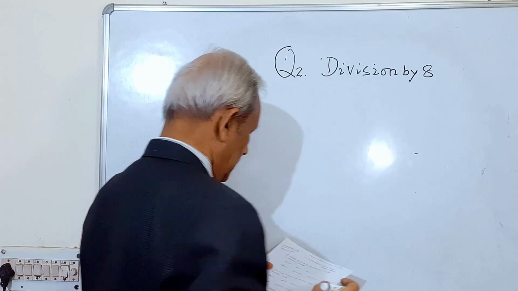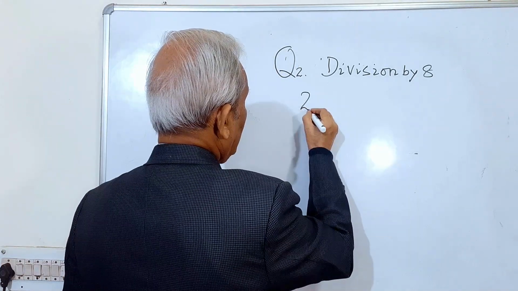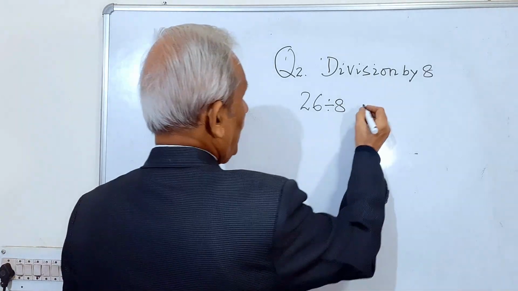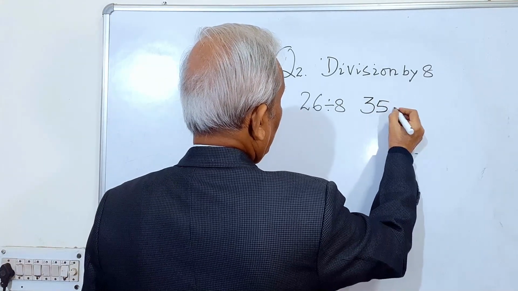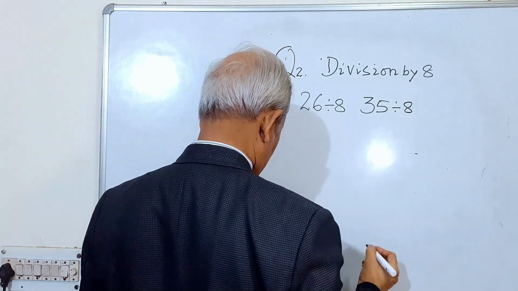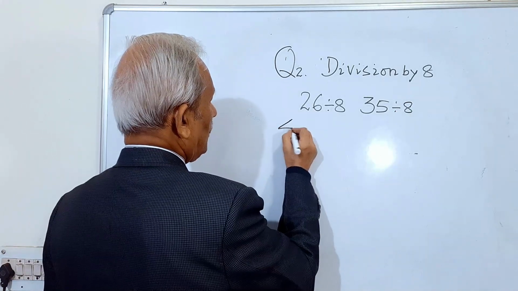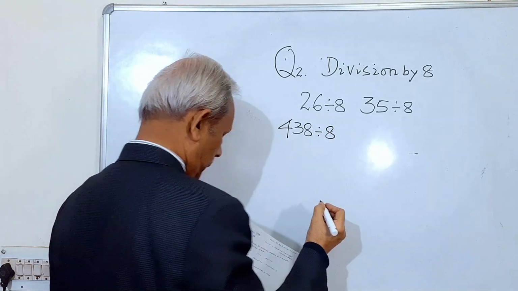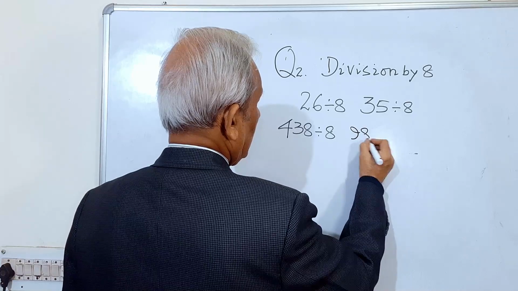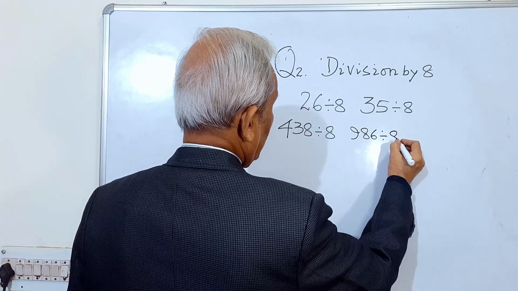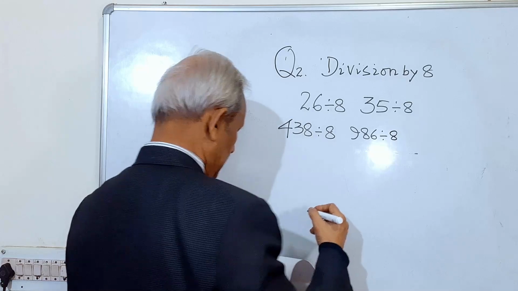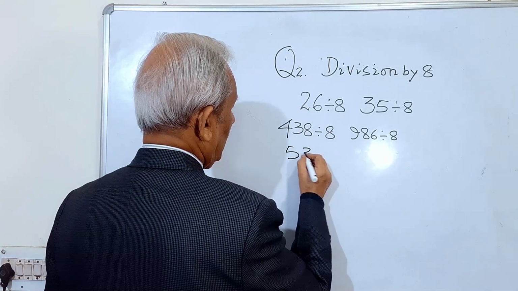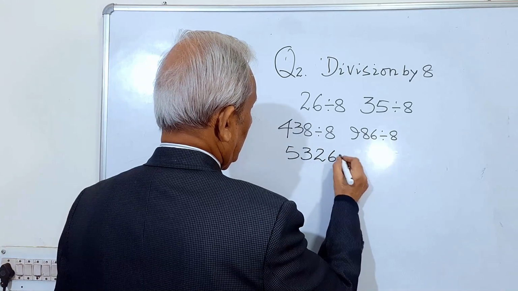So the questions are, just write down the questions. 26 divided by 8, 35 divided by 8, 438 divided by 8, 986 divided by 8, and then 53269 divided by 8.